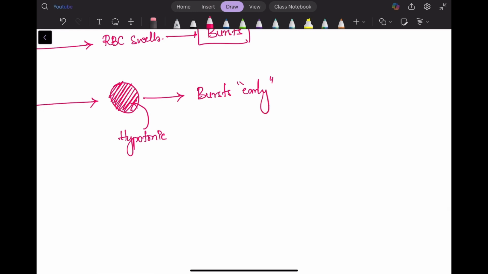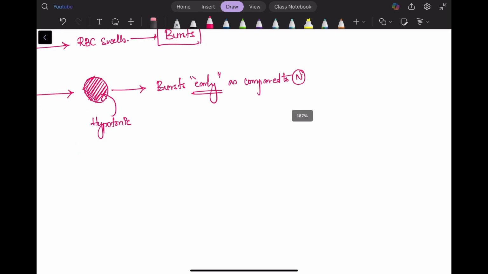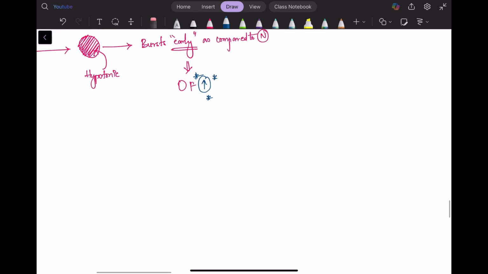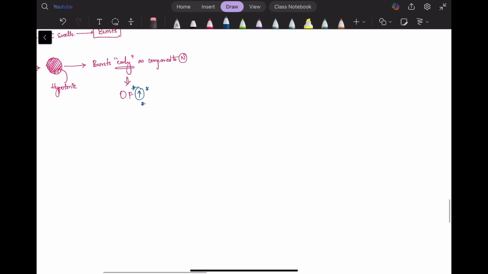This word is important, early, as compared to normal, which means osmotic fragility increased or decreased? Increased. Very important, right?